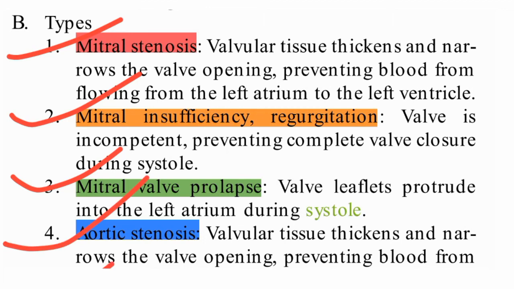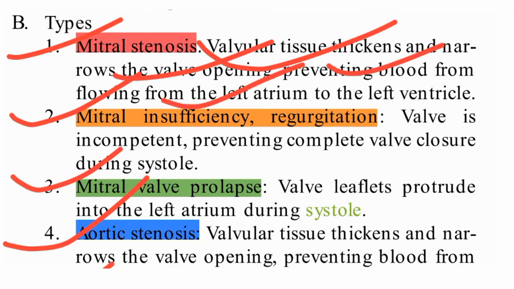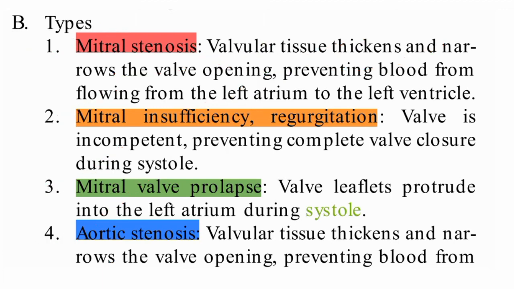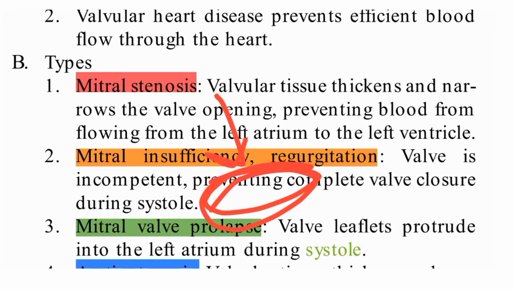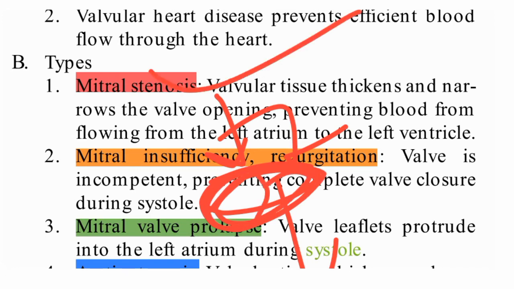In mitral stenosis, the valvular tissue thickens and narrows, and the valve opening prevents blood from flowing from the left atrium to the left ventricle. So that valve will be thickened, so blood cannot come from the left atrium to the left ventricle. Okay, so that is mitral stenosis, because the wall becomes thickened or stenosed, so blood cannot come from the left atrium to the left ventricle.